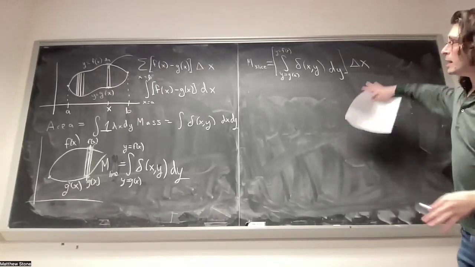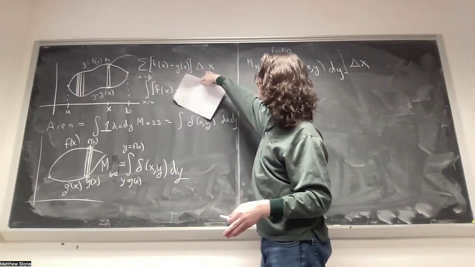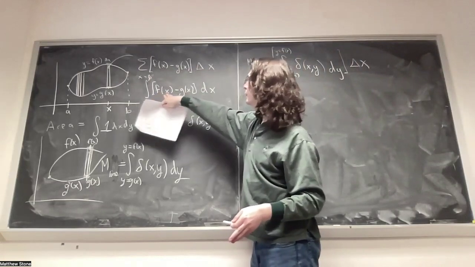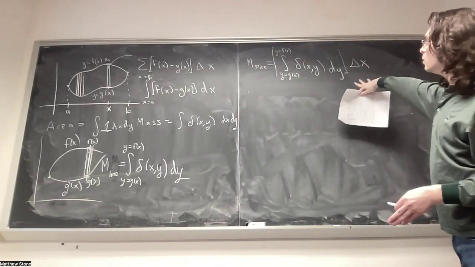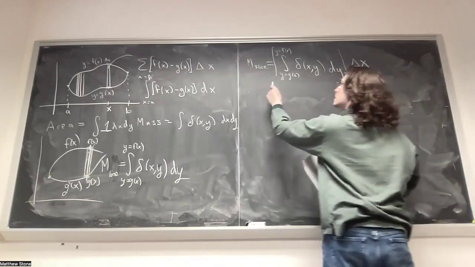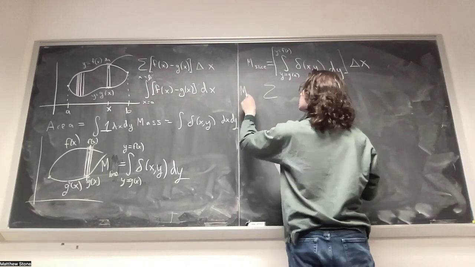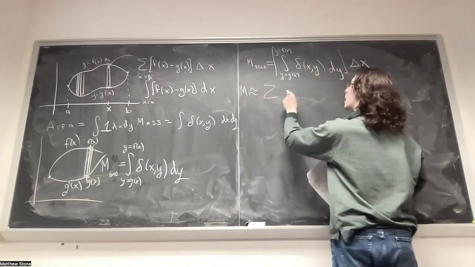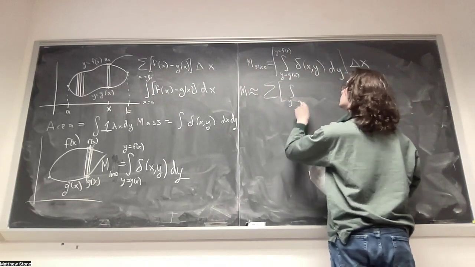In the same exact way that we extrapolate from the sum of f of x minus g of x times delta x to the integral of f of x minus g of x dx, we sum up these slices. So we take the sum of these slices, giving us total mass should be approximately the sum of these integrals.